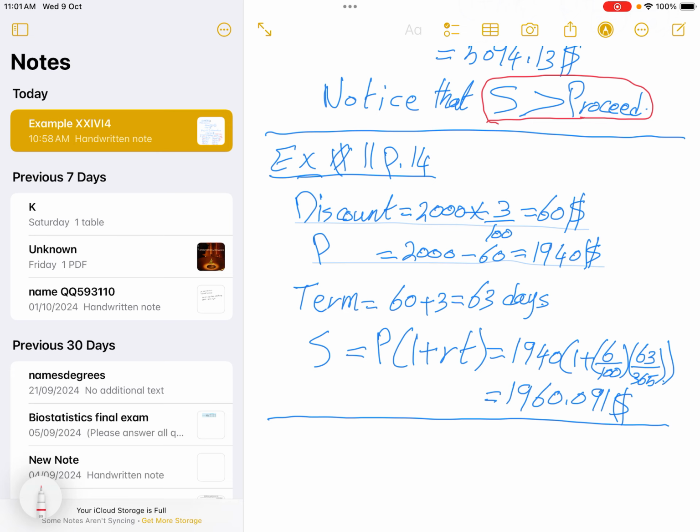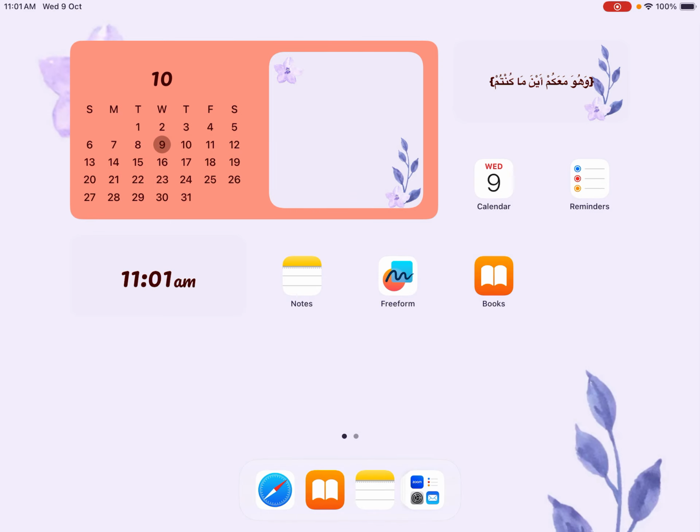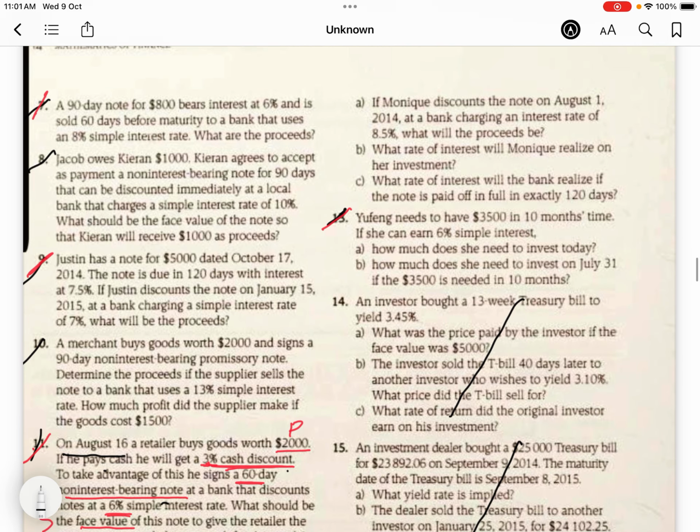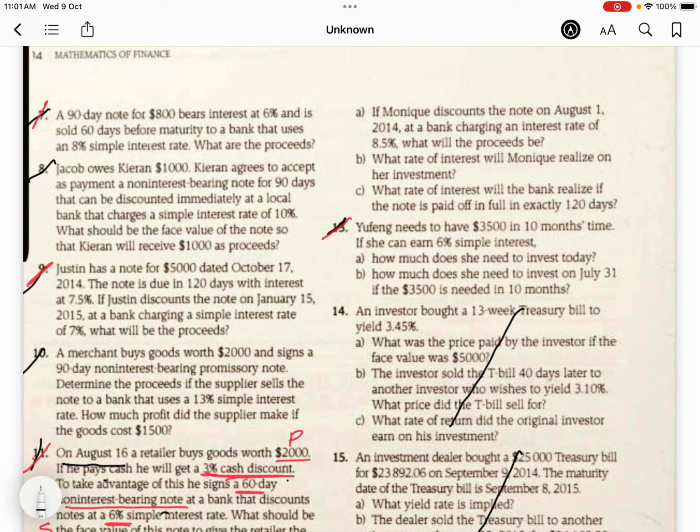Here, if we want to solve number 13, page 14. A fund needs to have 3,500 in 10 months' time, if she can earn 6% simple interest.